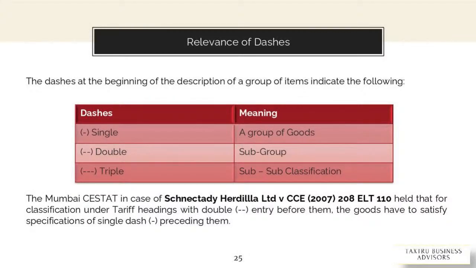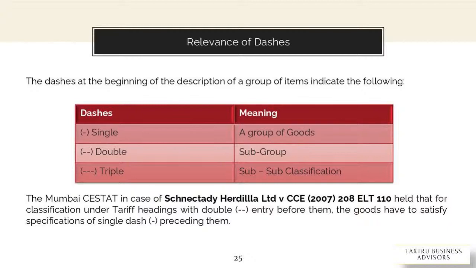Now the next thing: when you read the tariff after this session, you who have not read the tariff act yet, you will see that there are a few symbols used. There is a single dash, which indicates a group of goods. Suppose there is a heading, and then there are subgroups. To identify them and for ease of reference, they have given a symbol.